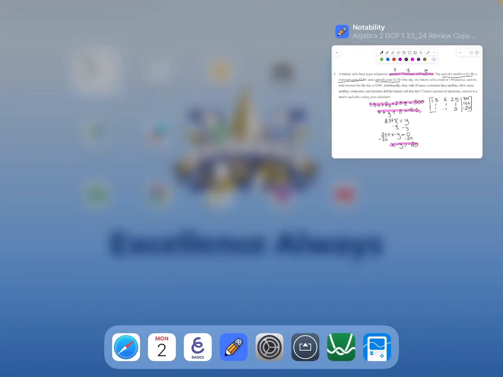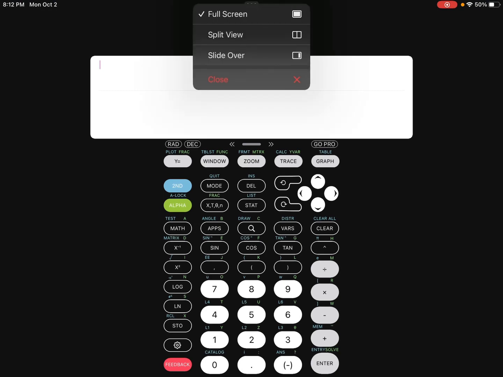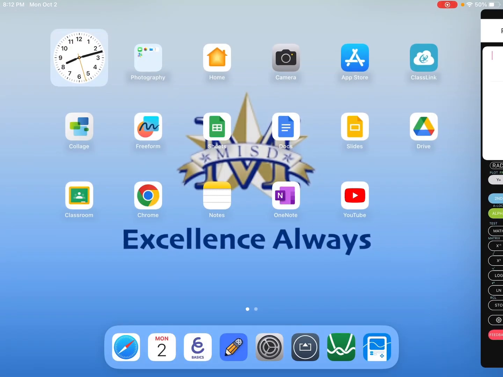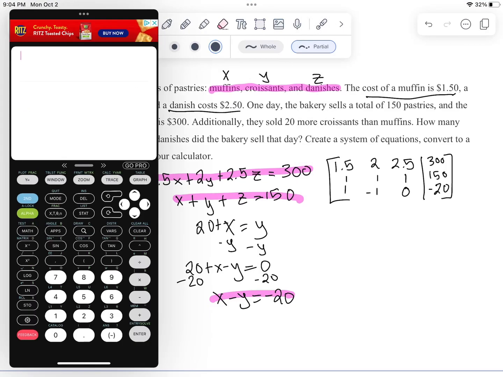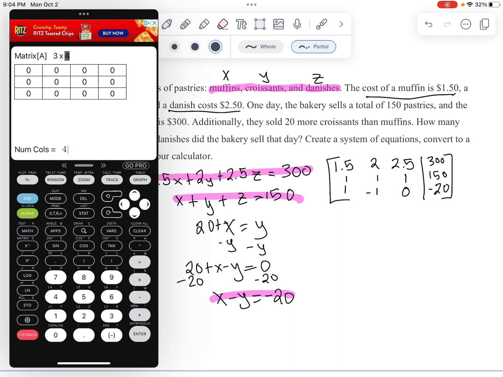I closed my calculator for some reason. We're going to pull up our calculator again. Okay, so now from here I'm going to go second matrix. And I'm going to go into edit, and I'm going to edit A. And I notice that I have a 3x4 matrix because I have 3 rows and 4 columns.